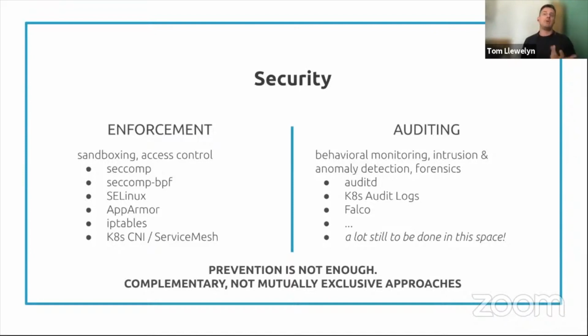AppArmor, a similar sort of thing, but taking more of an application wrapper approach. And then things like iptables, firewalling. All of these tools are there to try and lock things down, put guardrails around your workloads, and prevent them from doing suspicious things or accessing things they shouldn't.